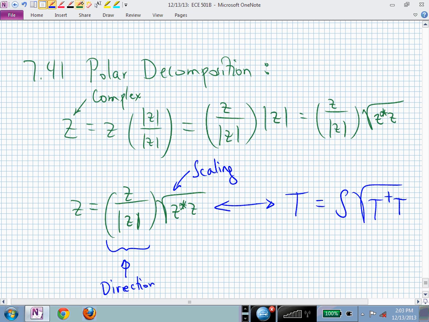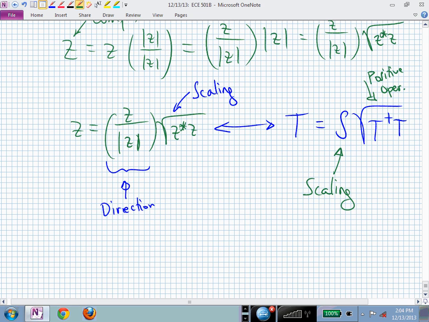So here is now our scaling, and here is our positive operator. So every linear map can be viewed as a polar decomposition, similar to how we have a polar factorization of any complex number, or a polar representation of a complex number.